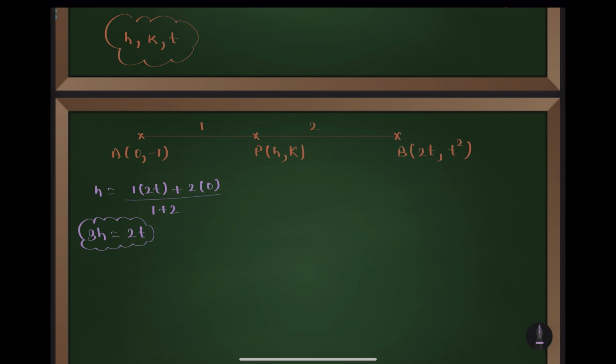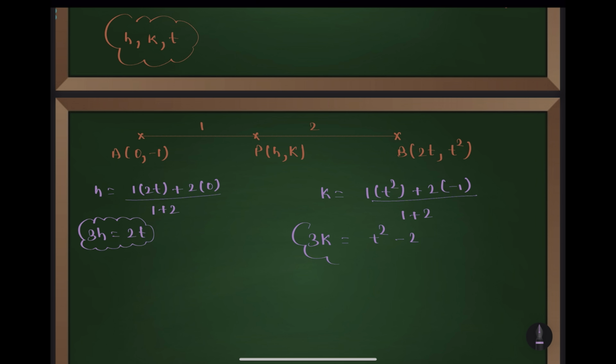So we got the first equation. Now go with the y coordinate k. So I can write 1 multiplied with t square plus 2 multiplied with minus 1, upon 1 plus 2. So it is 3k equals t square minus 2.